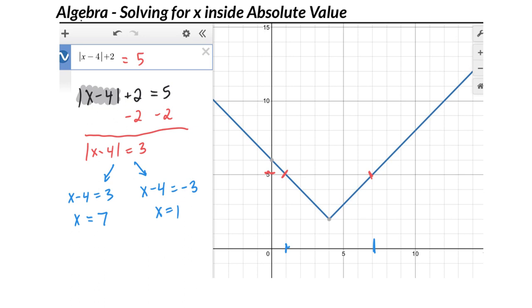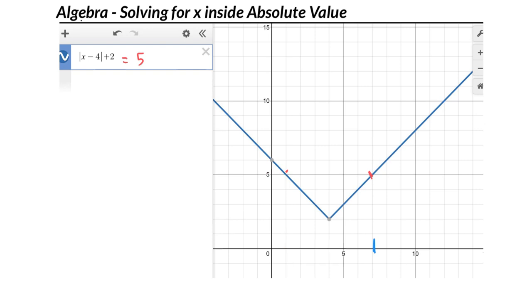Now, one thing, similar to square roots for certain, there's a graphical component to this that we need to be aware of. What I mean by that is, if I were to say, okay, when is this equal to negative 1? You come down here to negative 1 and say, well, never. This graph never gets to negative 1.